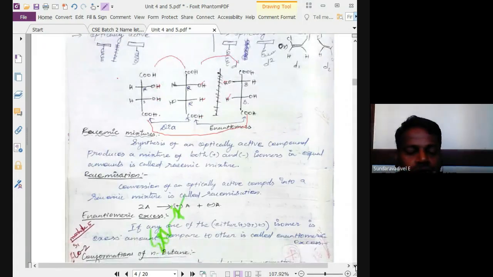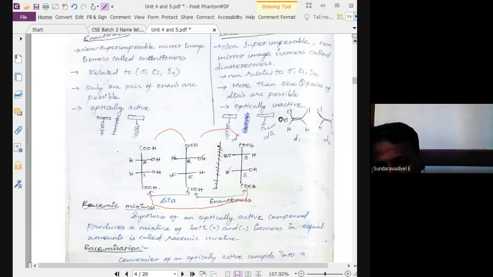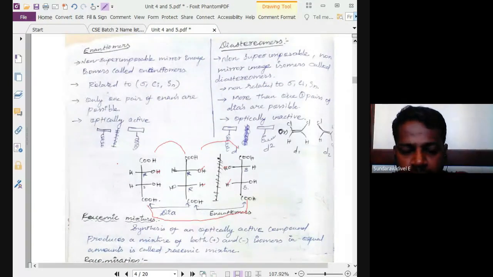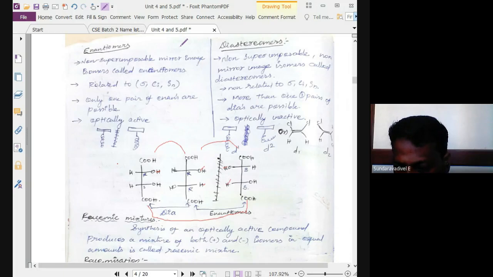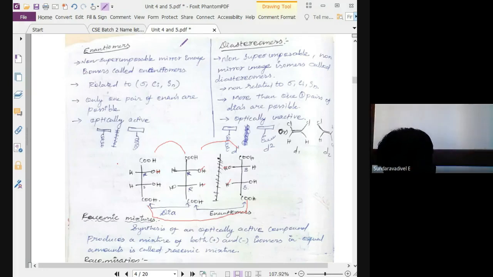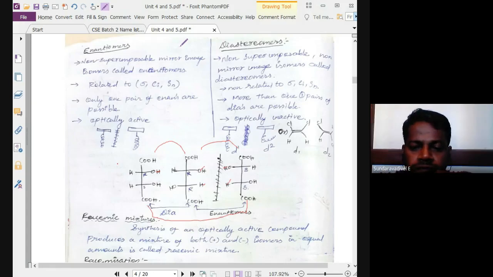Okay, so you can note down the differences between the enantiomer and diastereomer, and the example also.